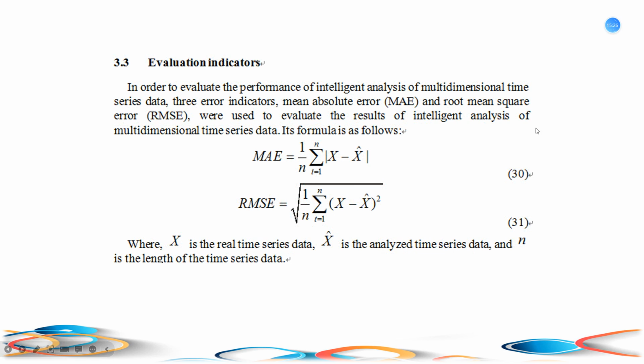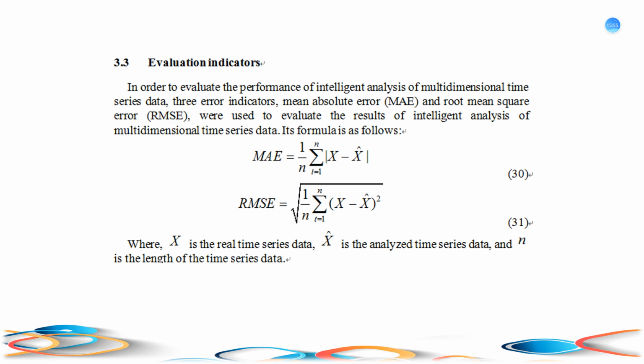3.3 Evaluation indicators. In order to evaluate the performance of intelligent analysis of multidimensional time series data, 3 error indicators, mean absolute error, MAE, and root mean square error, RMSE, were used to evaluate the results of intelligent analysis of multidimensional time series data.